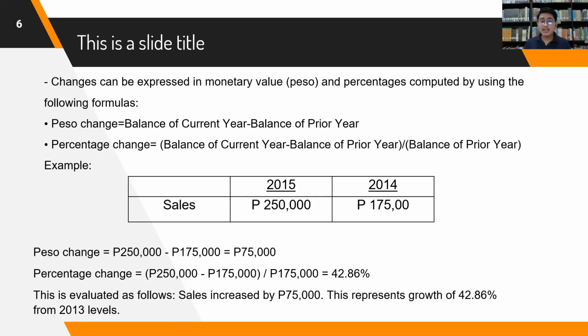The sales increased by 75,000 pesos. And this represents the growth of 42.86% from 2014 levels. Okay, so ganun po yung pag-explain natin when it comes to horizontal analysis. So wag po kakalimutan yan, okay?